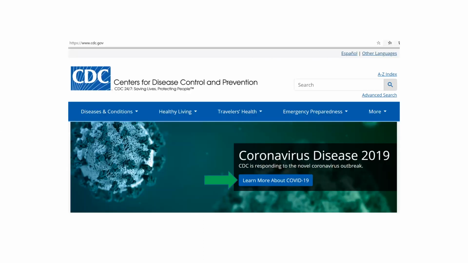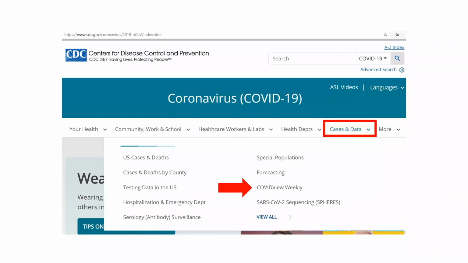Now we're going to go to our next slide and look at those data that we set out to look at. So to get there, we go to the CDC website, cdc.gov, everybody knows it. And then we go to learn more about COVID-19. On the next page, we select the cases and data tab.